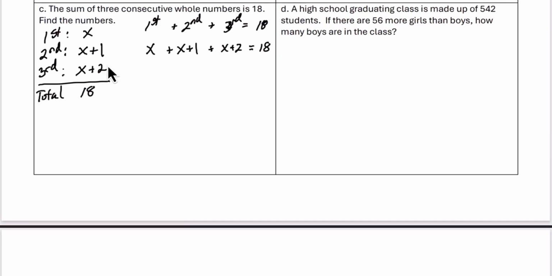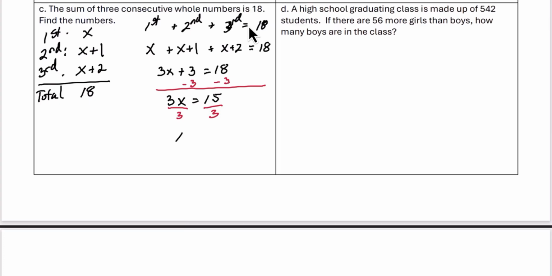And again, their total is 18. Now that we have an equation, we can combine like terms. X plus x plus x is 3x. 1 plus 2 is 3. That equals 18. Next, we'll subtract 3 on both sides. 3x equals 15. Now divide by 3.